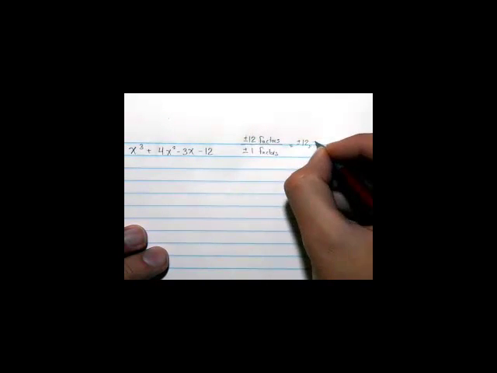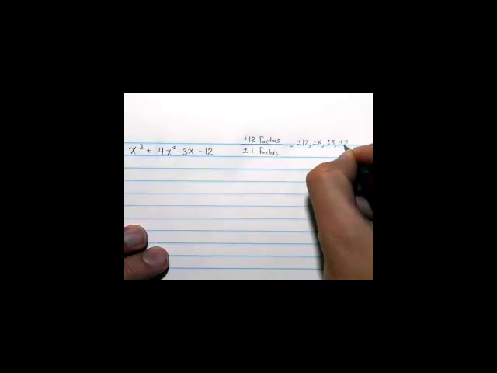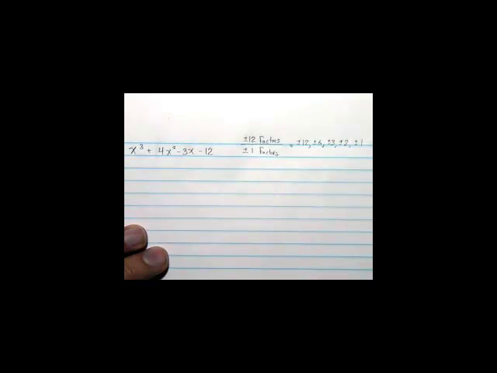So plus or minus 12, plus or minus 6, plus or minus 3, plus or minus 2, plus or minus 1. Oh, and a 4, right. Okay, so we've got 1, 2, 3, 4, 5, 6, so 12 of them to test this time around.